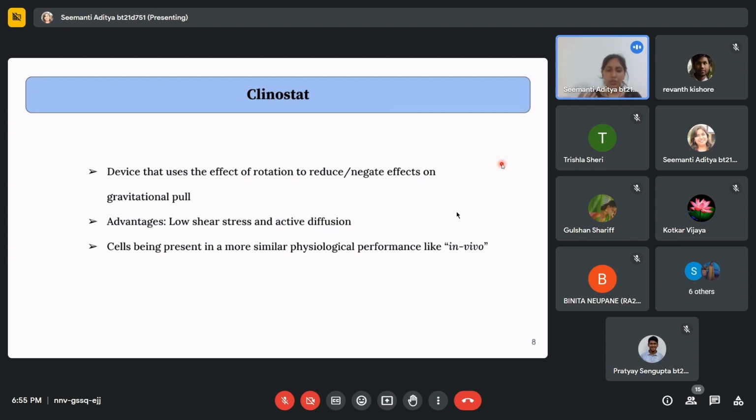Whatever media we are growing the cells in, and whatever treatment we want to give, it's properly spread in all parts of the dish, and it's not going to settle in one part because of gravitational pull. Also, the cells show more physiologically relevant changes that are similar to in vivo conditions. So this is the clinostat, and people use it, but we don't.